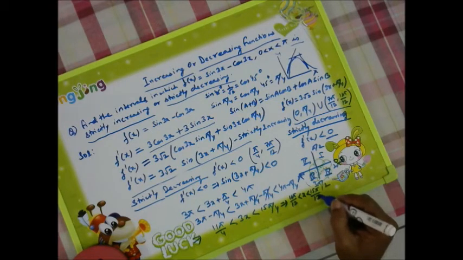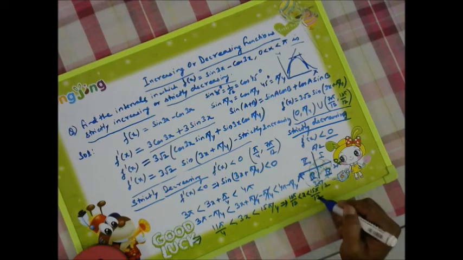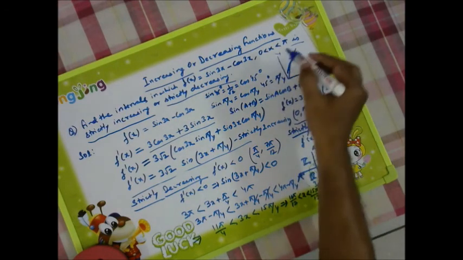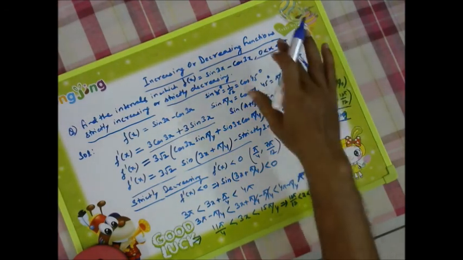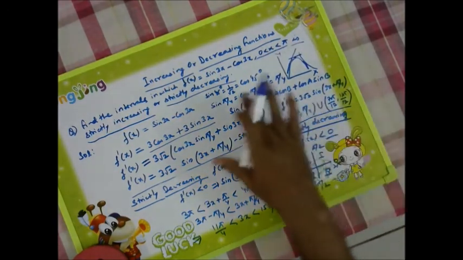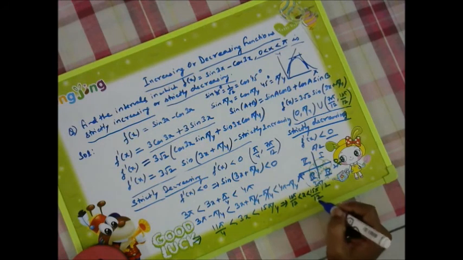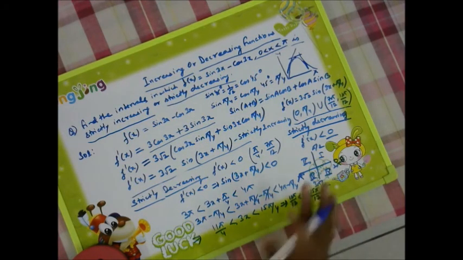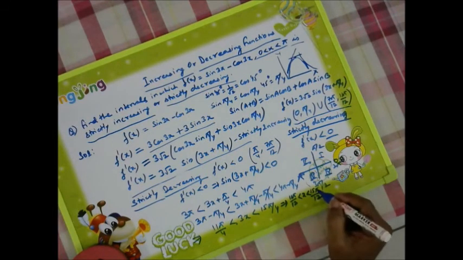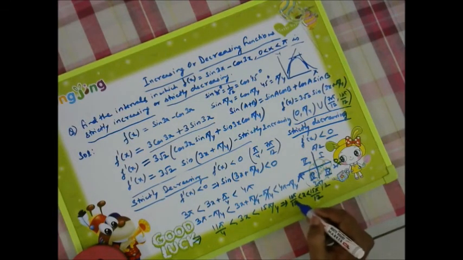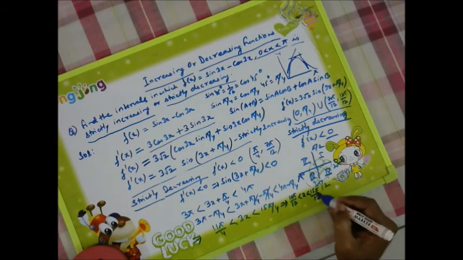Okay, but our answer will be up to pi only, 0 to pi, because x is always 0 to pi. We have to maintain this x between 0 to pi. So if we write 15 pi by 12, it is greater than pi, and it should not be greater than pi. 11 pi by 12 is smaller than pi, but 15 pi by 12 is greater than pi, so this will not be accepted.